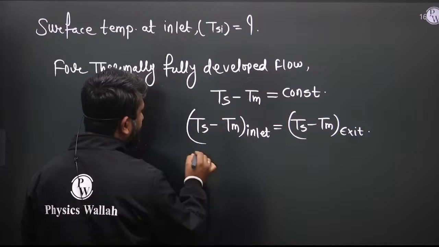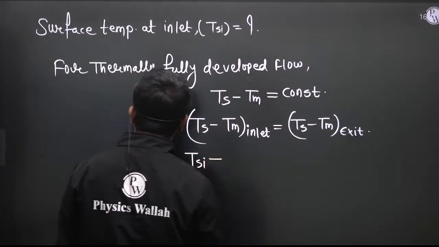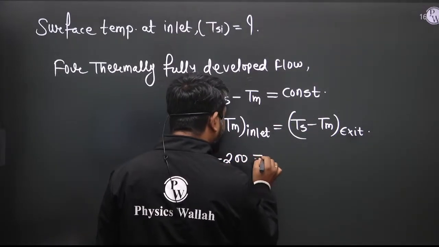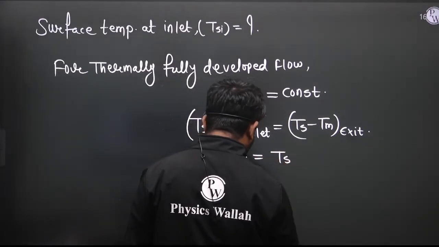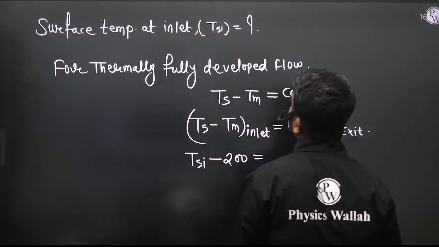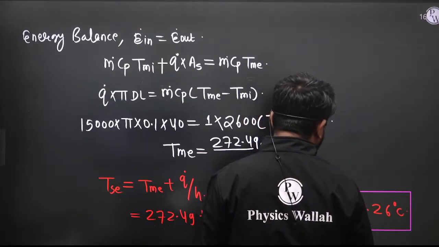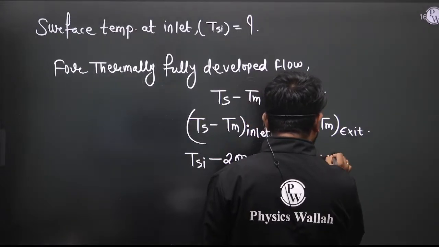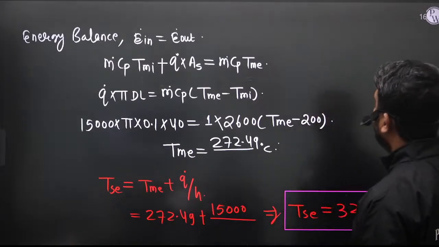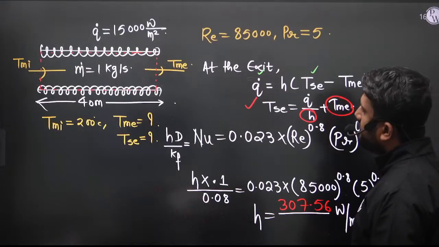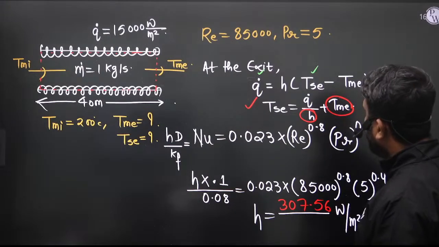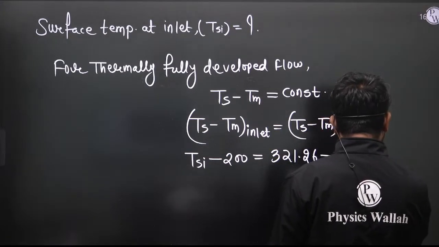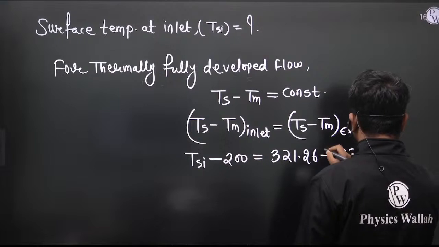Now Ts minus Tm at the inlet: TSI minus TMI, where TMI is 200, is equal to TSE, which we already calculated, 321.26, minus Tm at exit, which we already calculated, 272.49.